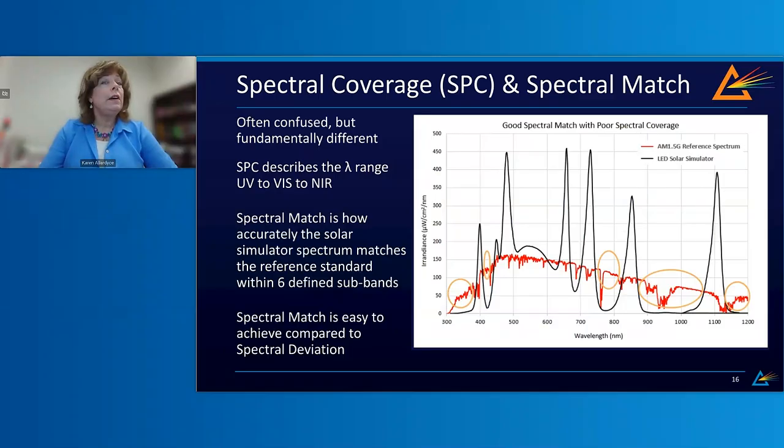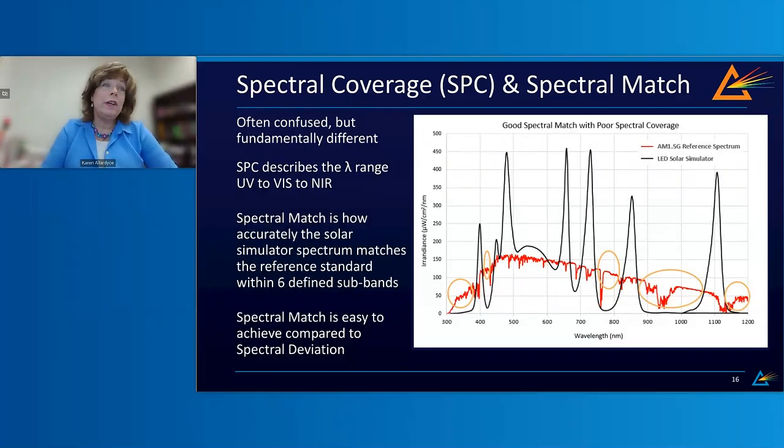Let's talk about a few parameters that should be important to you. Let's discuss spectral coverage and spectral match, because these terms are often confused, but they actually measure completely different things. Spectral coverage describes which wavelengths a simulator can produce, and this is critical for advanced technologies which absorb all the way from UV out into the near IR.